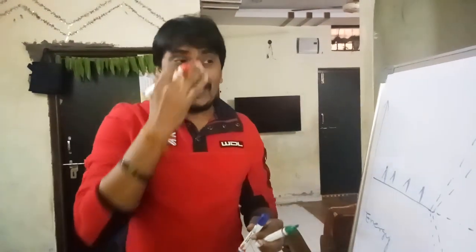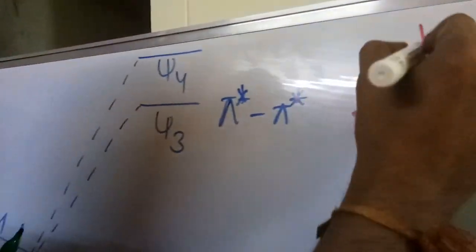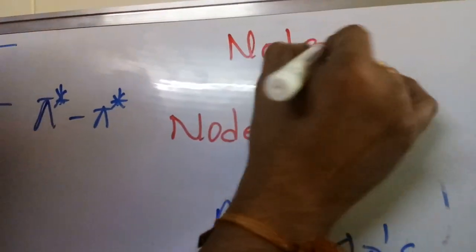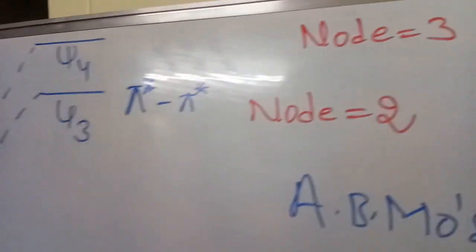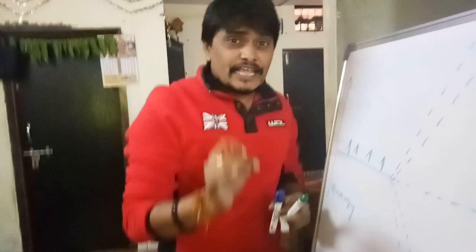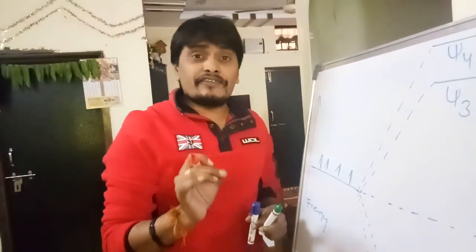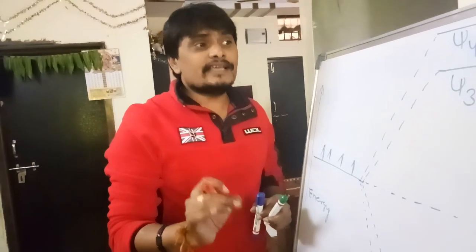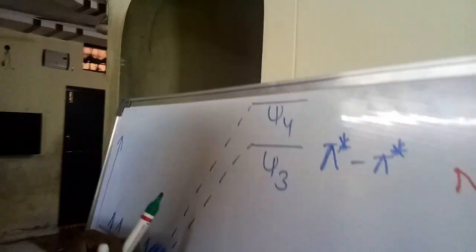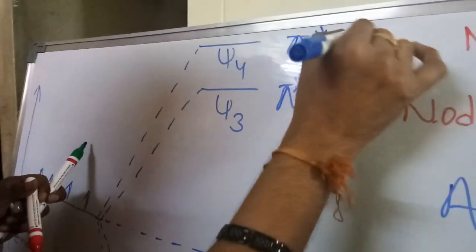Maximum energy will be associated with this psi 4. The number of nodes for psi 4 is 3, right? What is that? The anti-bonding molecular orbital which comprises 3 nodes, that is pi star, positive pi star.